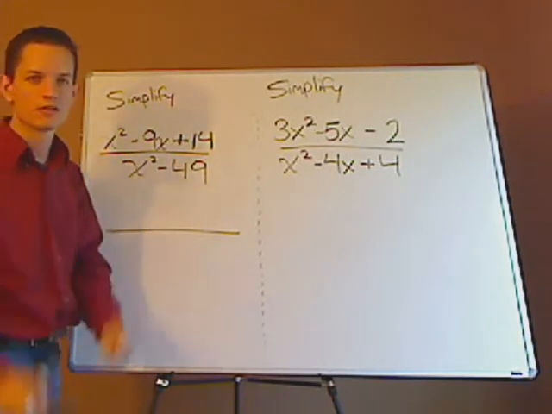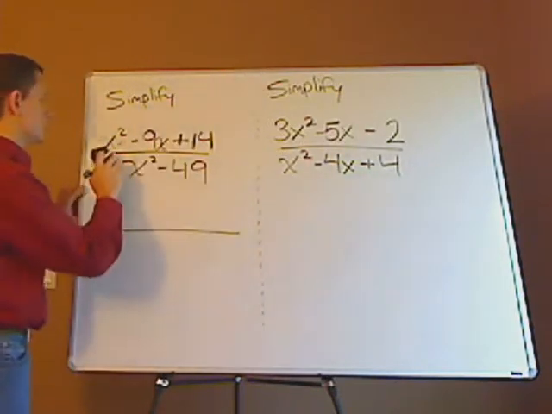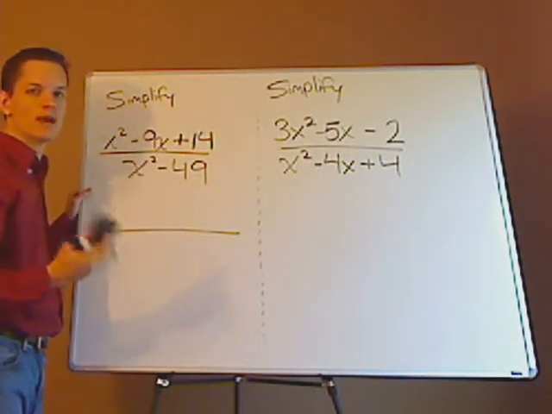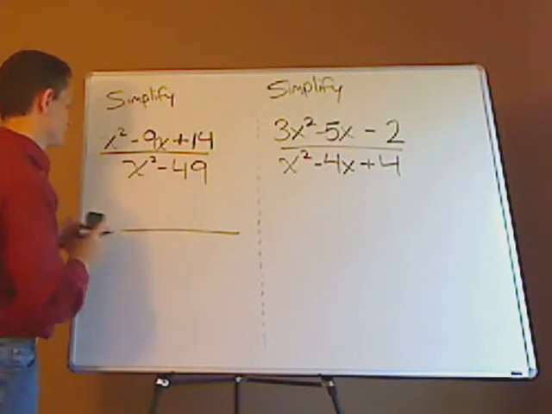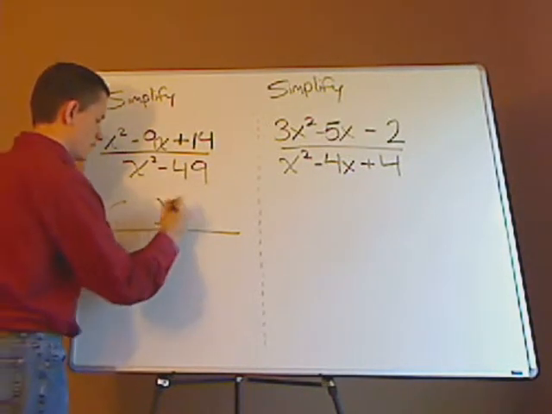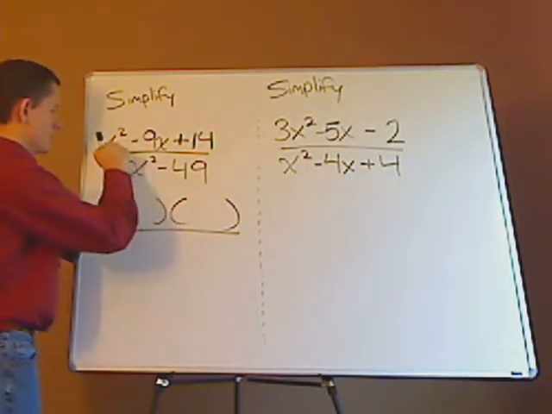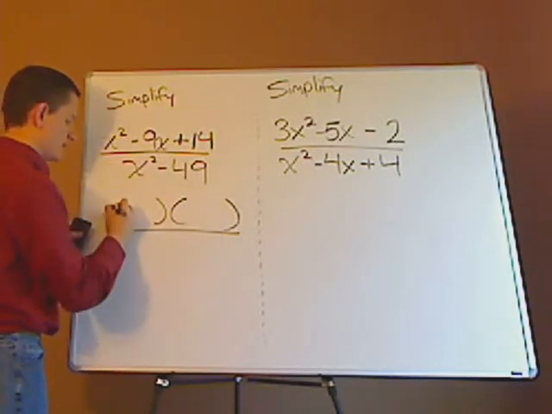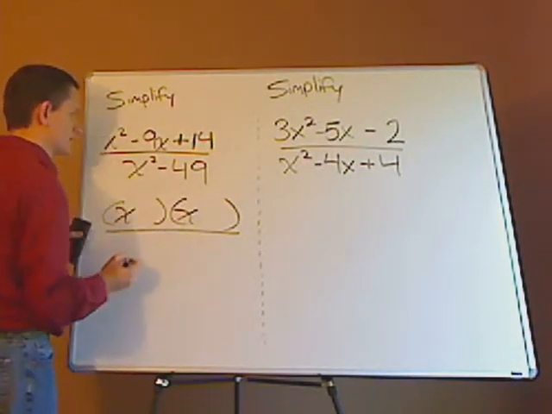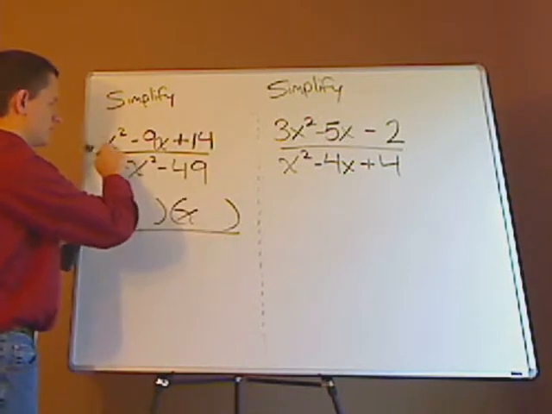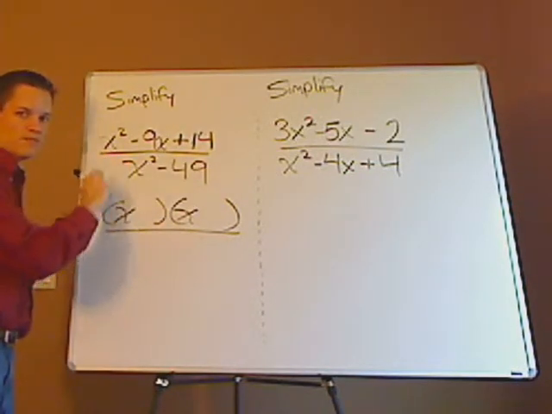So what do you have to do first? You have to factor. So how do you factor x squared minus 9x plus 14? Set up your parentheses. Your first is going to be this times this, which is x times x. Now, since there's only one here, it makes it kind of easy.